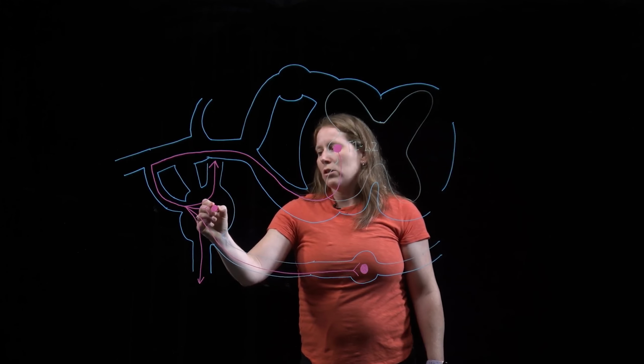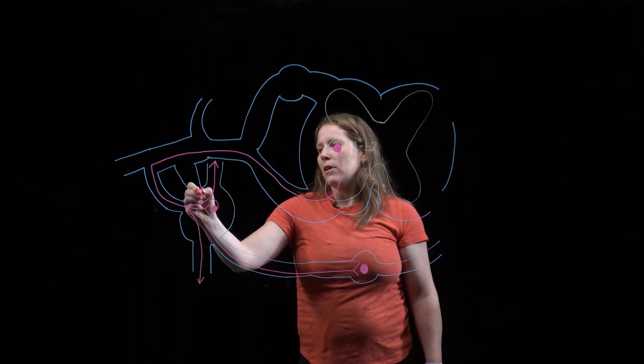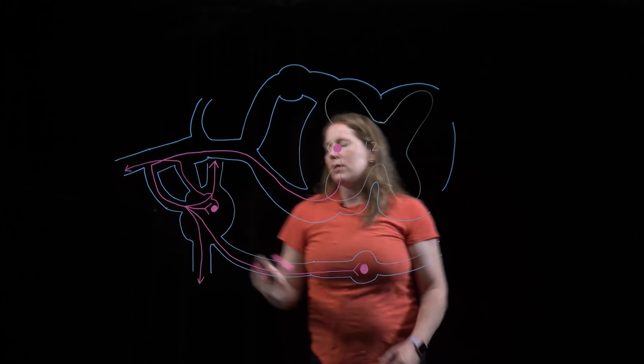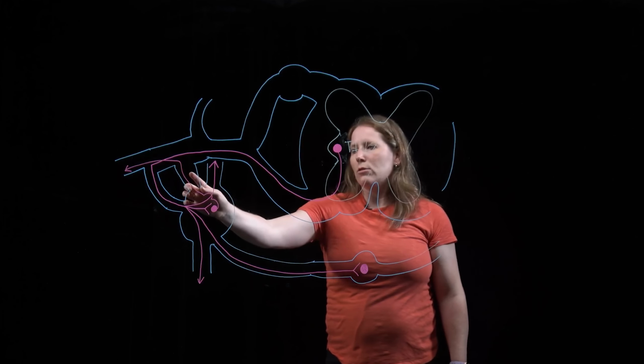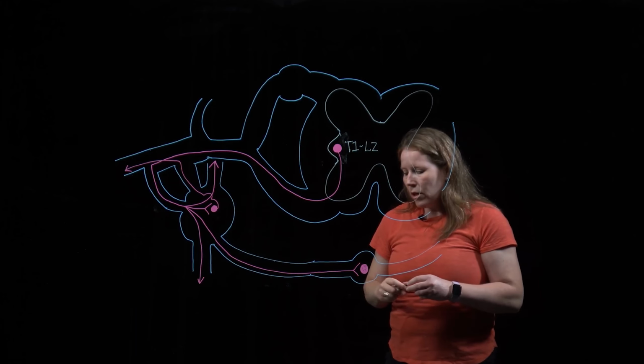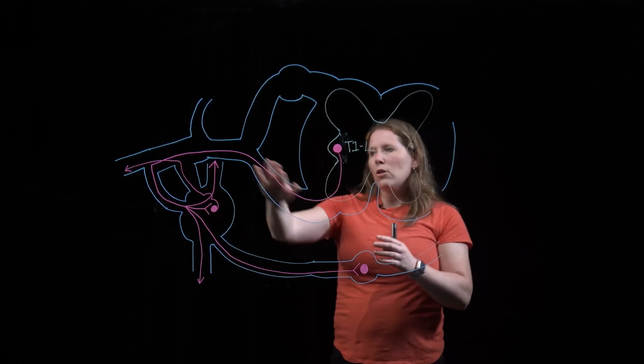And it also has options, but one option is that it could pass back into the spinal cord to head out to another level, and this would then be called the gray ramus communicans.